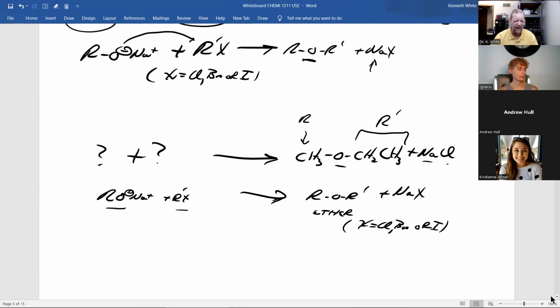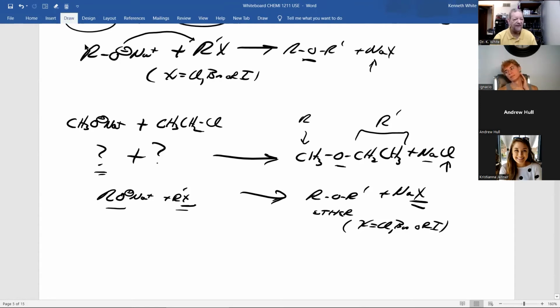And if that's the case, then this would be my first thing, or you could make it your second thing, it doesn't matter, plus R prime ethyl. What's the X? Chlorine atom, and that would be that. But wait, I'm not done.